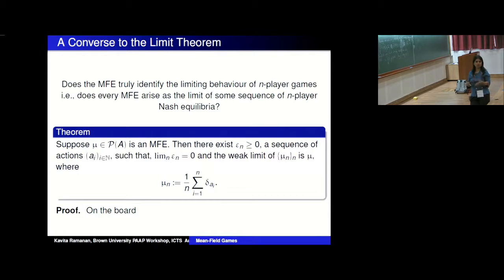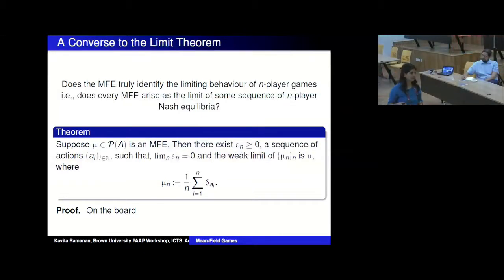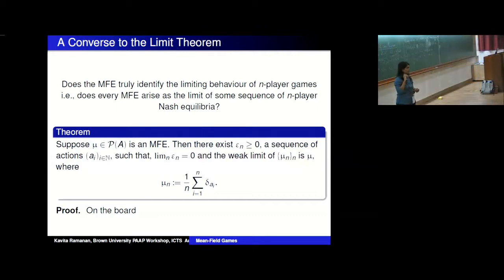So if you can independently analyze the existence of solutions to the MFE, which can be done in some cases, then that in fact implies existence of epsilon n Nash equilibria for the prelimit. Okay? So I will maybe give this proof later, first tell you the big picture and then come back and give you this proof in the interest of time.